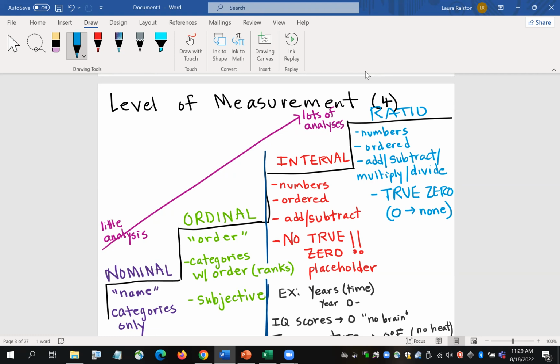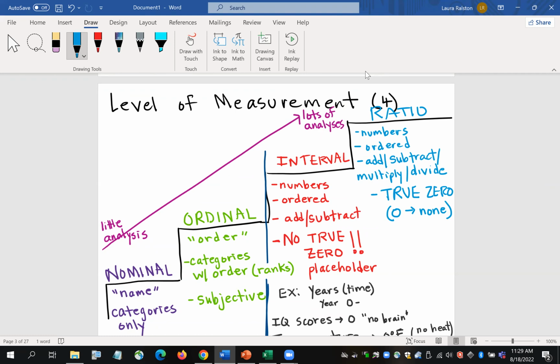So think about like the number of eggs a hen lays. It could be 0. The number of phone calls you get in a day, you could get 0. Okay, so at the ratio level, you have a true 0. And in my mind, it's easier to think about it from that respect.